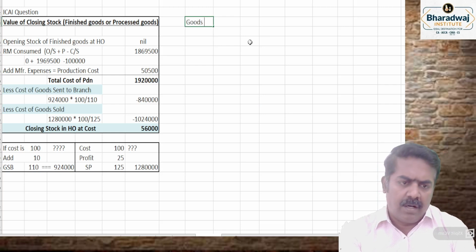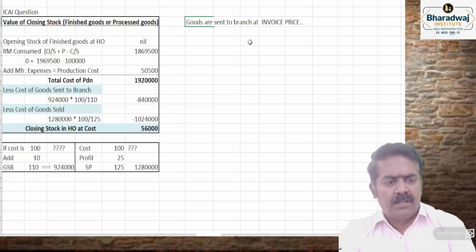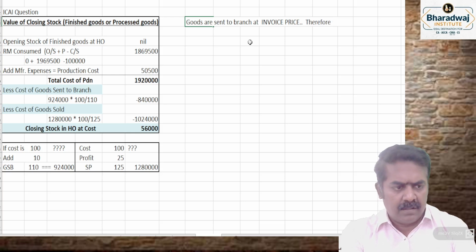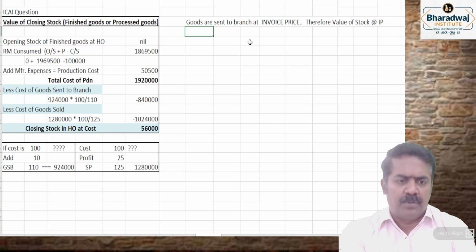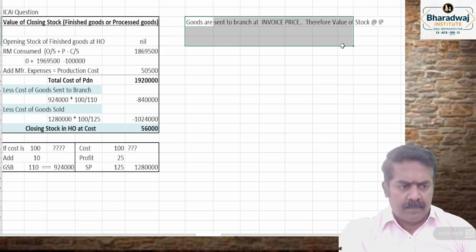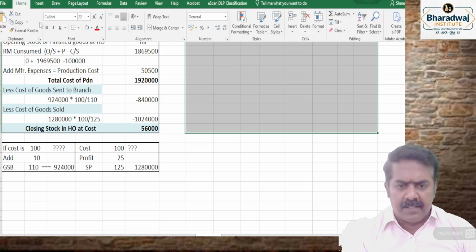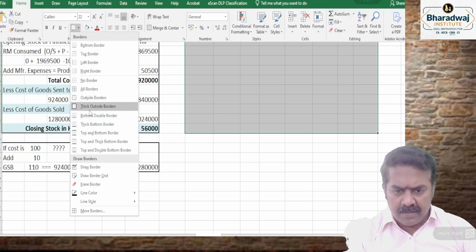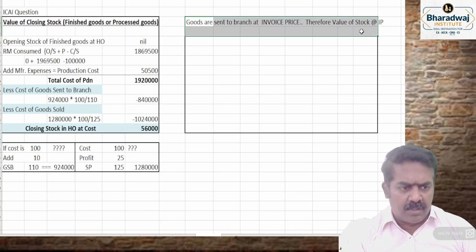Goods are sent to branch at what price? Invoice price. So let us value the stock. At what price are we going to work? Invoice price. We are sending the goods to the branch at invoice price, so let us work out the stock at invoice price.